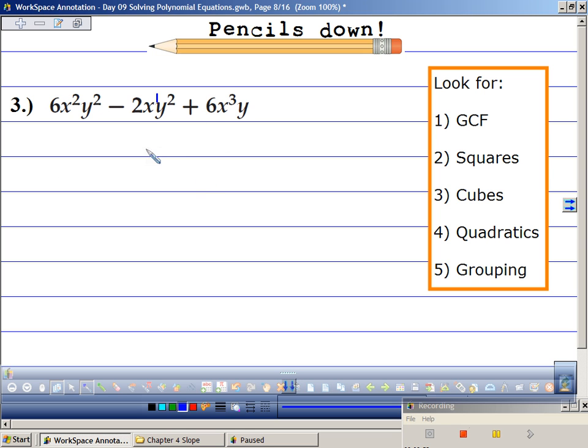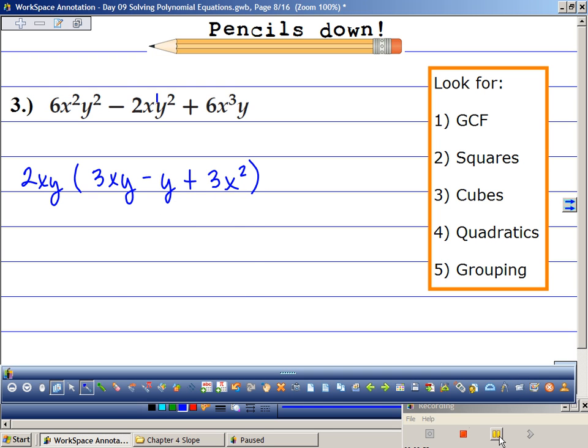What's the GCF? 2xy. What's left over? 3xy minus y plus 3x squared. Can you do anything with that? Nope. That's factored. Copy that down.